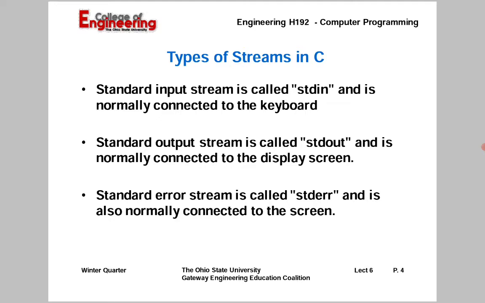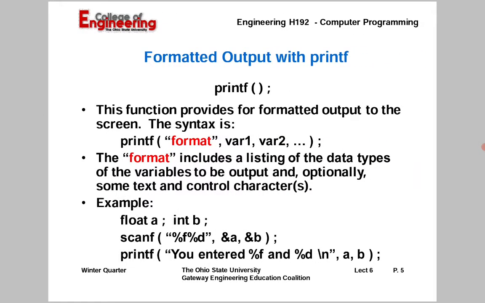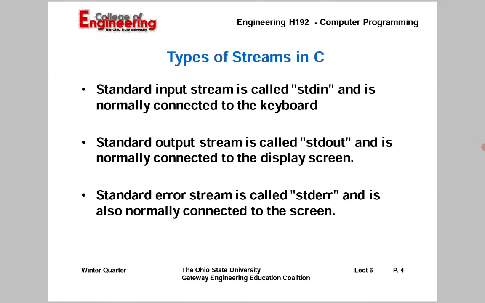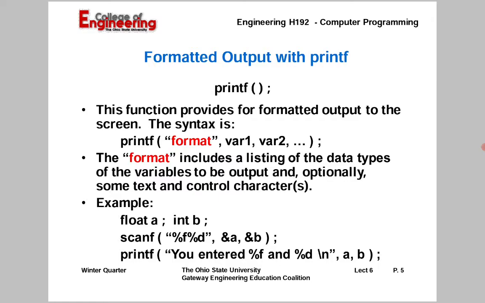The standard input stream is called stdin. There are two standard input output streams in C language, stdin and stdout. So, standard input functions and standard output functions. What is formatted output with printf?